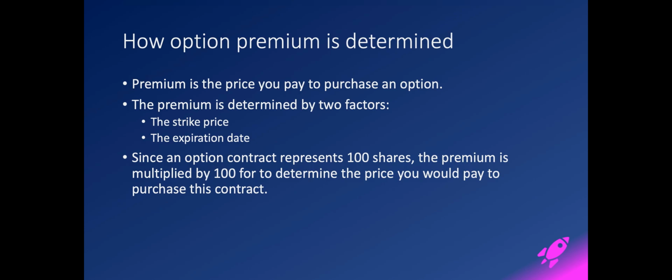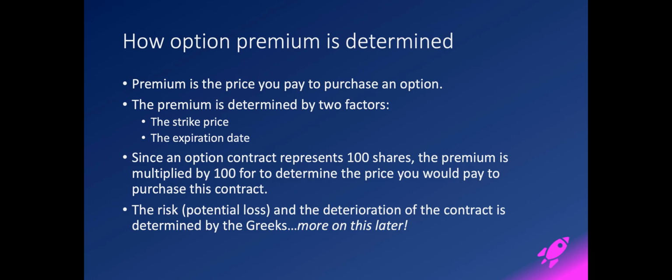The risk, or potential loss, of the contract is determined by the Greeks, but that's a little more complex and we'll go over it in a later video. Now let's look at an example, because this is a little complex in just words, but I think a visual example would be the best way to understand.